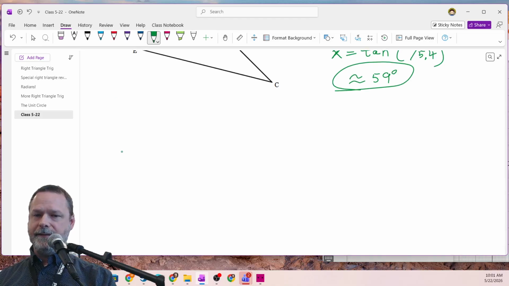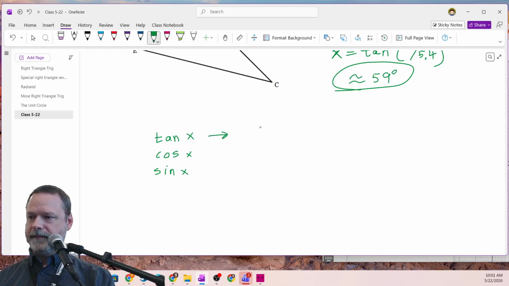And so you need a list of the inverse of the functions, right? So we got tangent, cosine, and sine of x. Their inverses are inverse tangent, inverse cosine, and inverse sine.